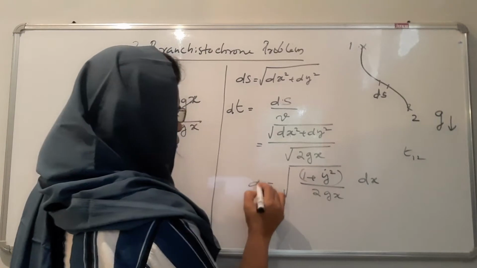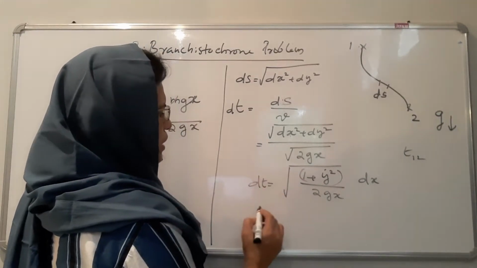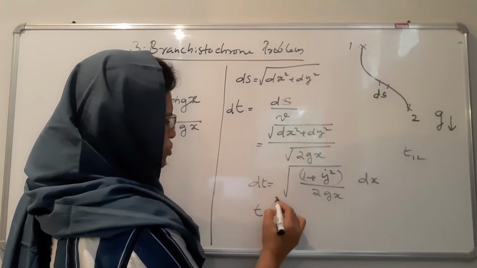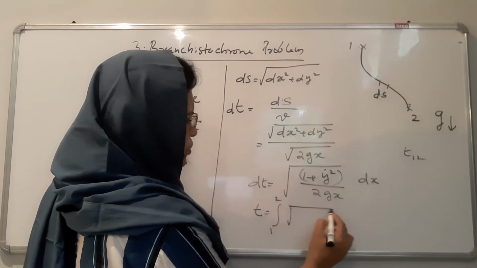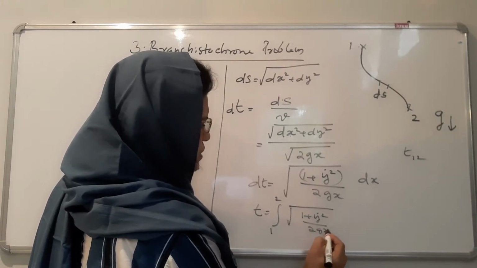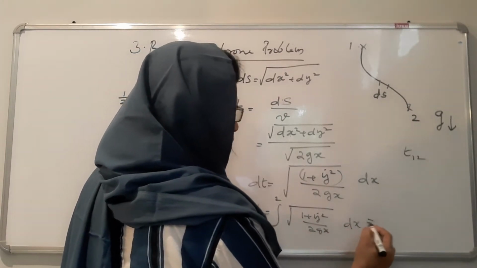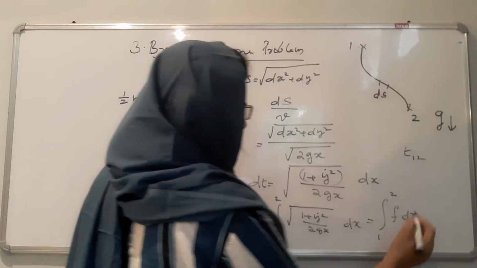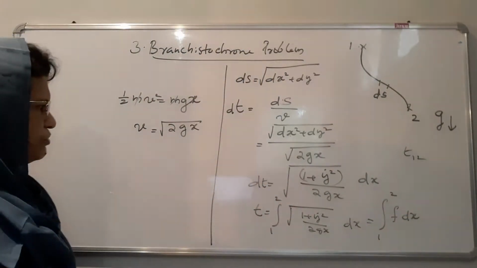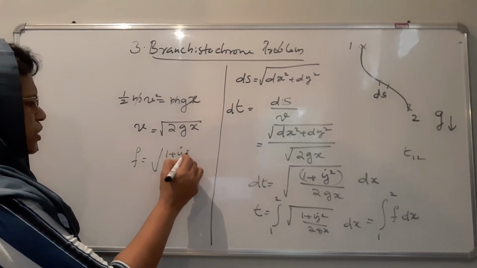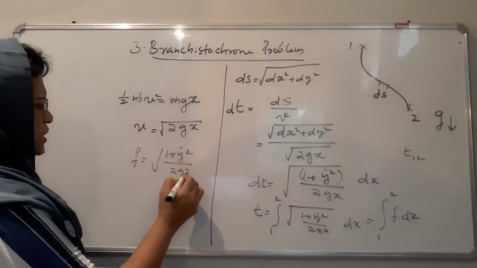This is the equation of the time taken, and the total time taken is equal to the integral from 1 to 2 of square root of 1 plus y dot square divided by 2gx into dx, or the integral from 1 to 2 of f dx, in the usual form, where f is equal to square root of 1 plus y dot square divided by 2gx.